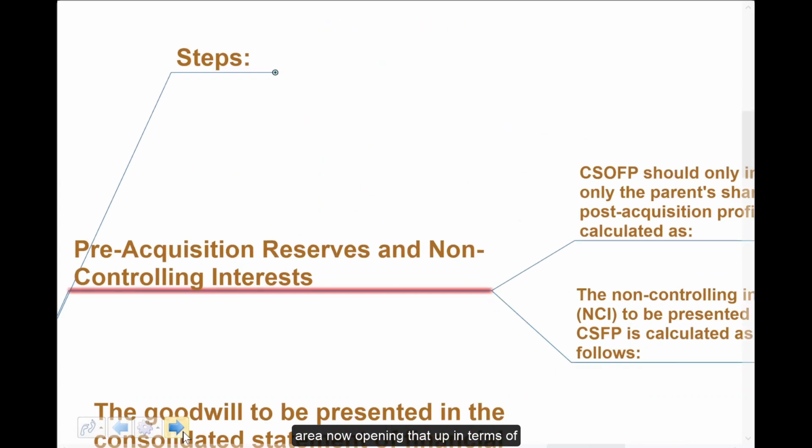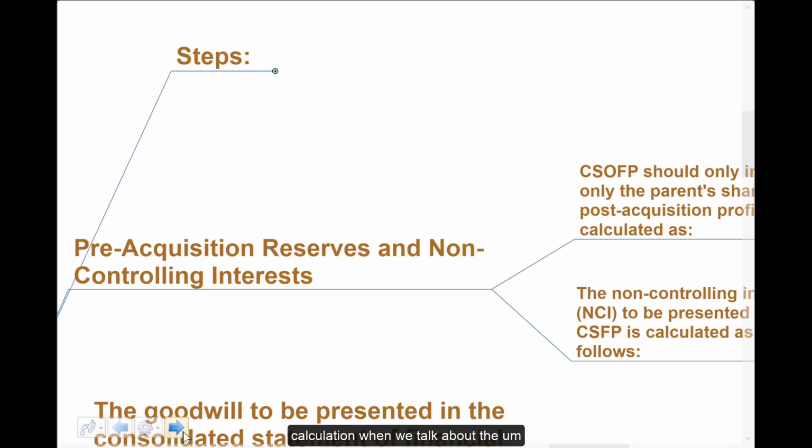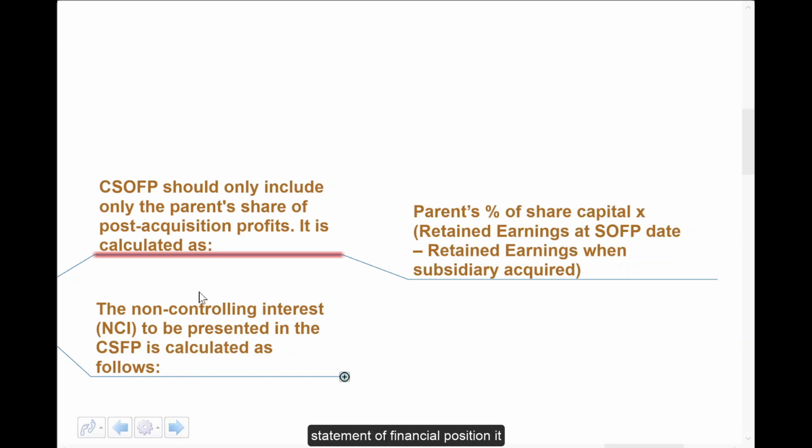Now, opening that up, in terms of calculation, when we talk about the statement of financial position, it should only include, as we touched on up top, the parent's share of post-acquisition profits. Now, why is that? Well, really, prior to acquisition, the parent didn't have any interest in the business. From the point of acquisition, let's say a given date, 1st of January, from that point, the parent obviously has a share, but the parent didn't exist prior to that point. So how would we calculate this post-acquisition profits? The calculation itself is not overly complex.